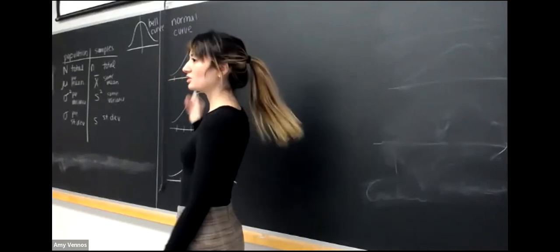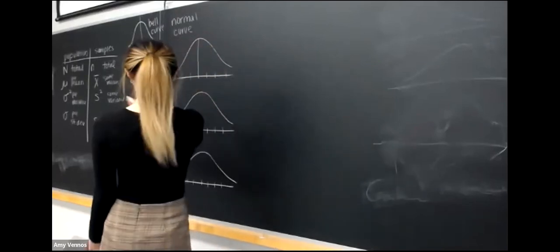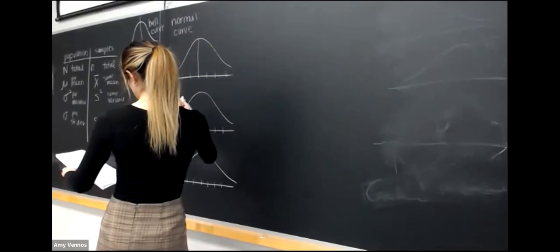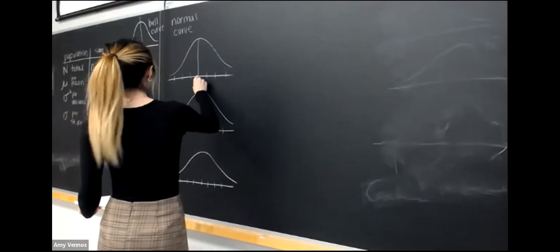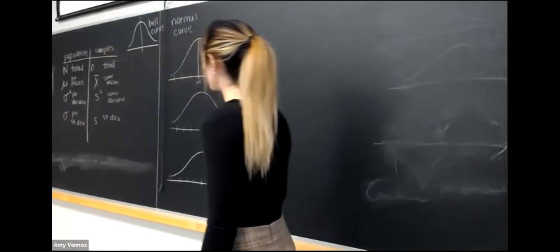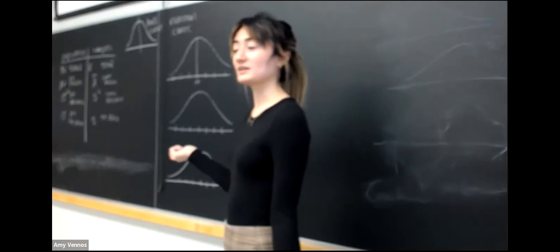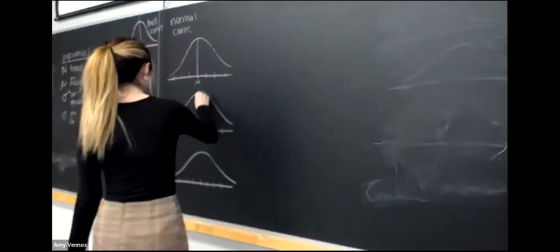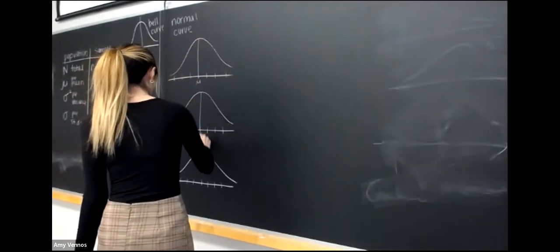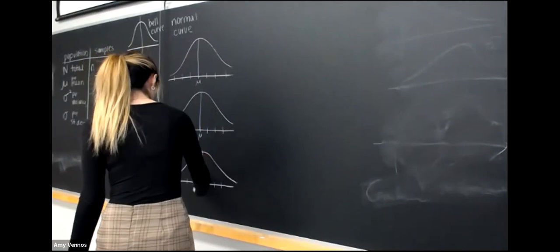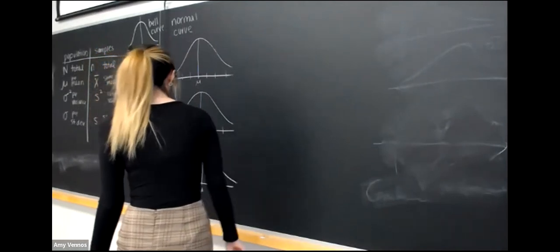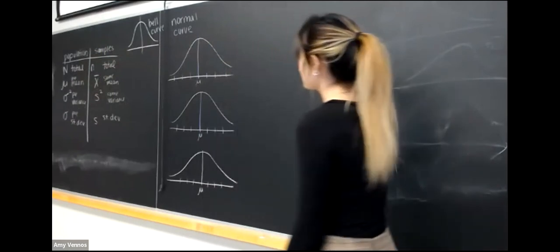And the average is also in the center. So for example, let's just use the population mean symbol here. Okay, we know that the mean is right in the middle, right? So for all these graphs, let's draw a line through the center and say that the mean is there. Okay.